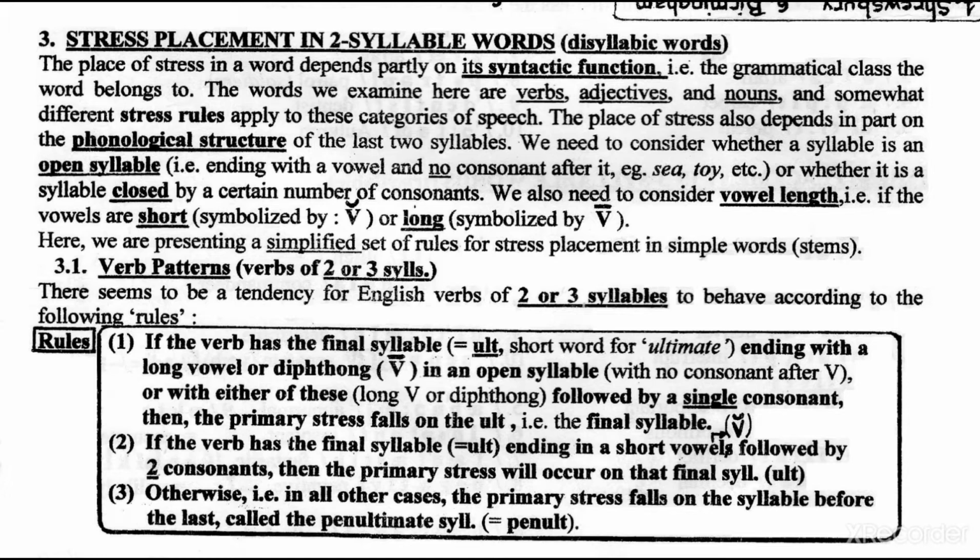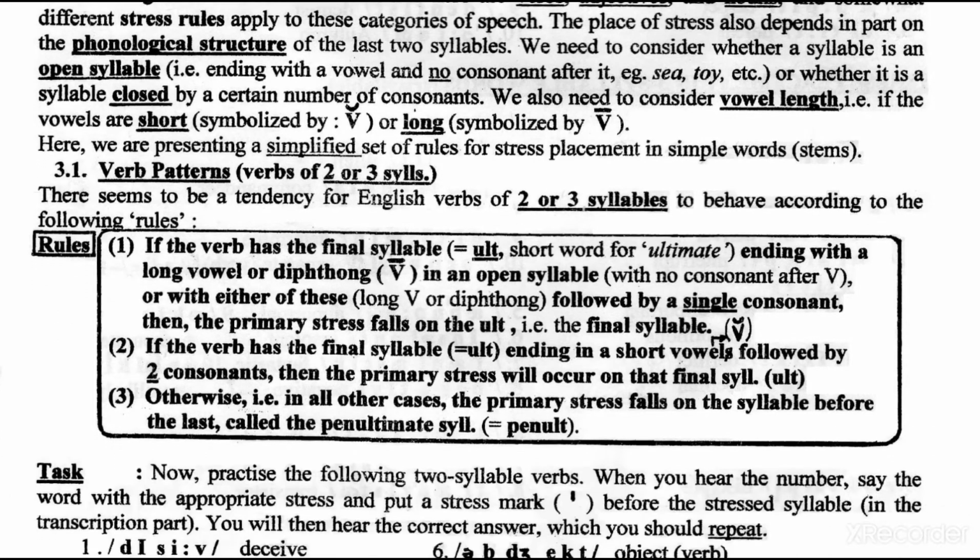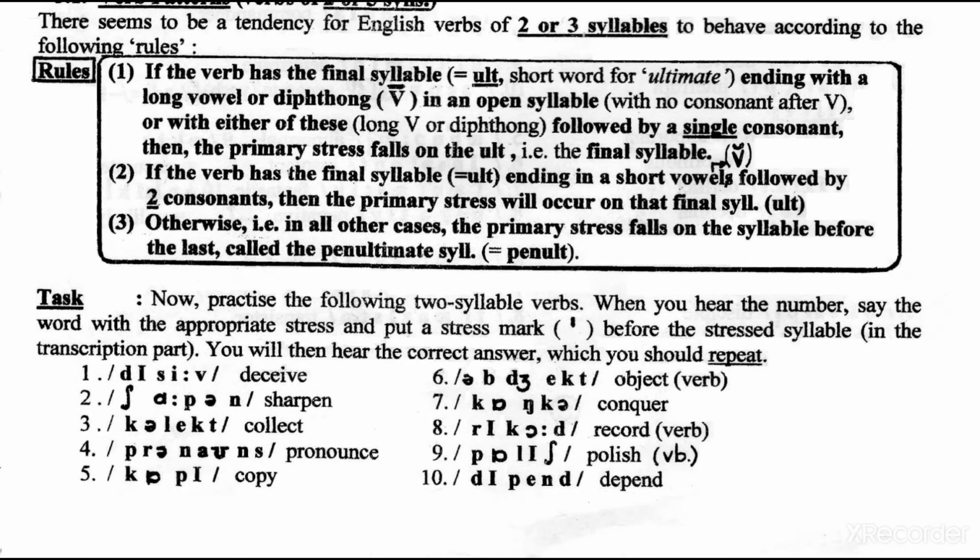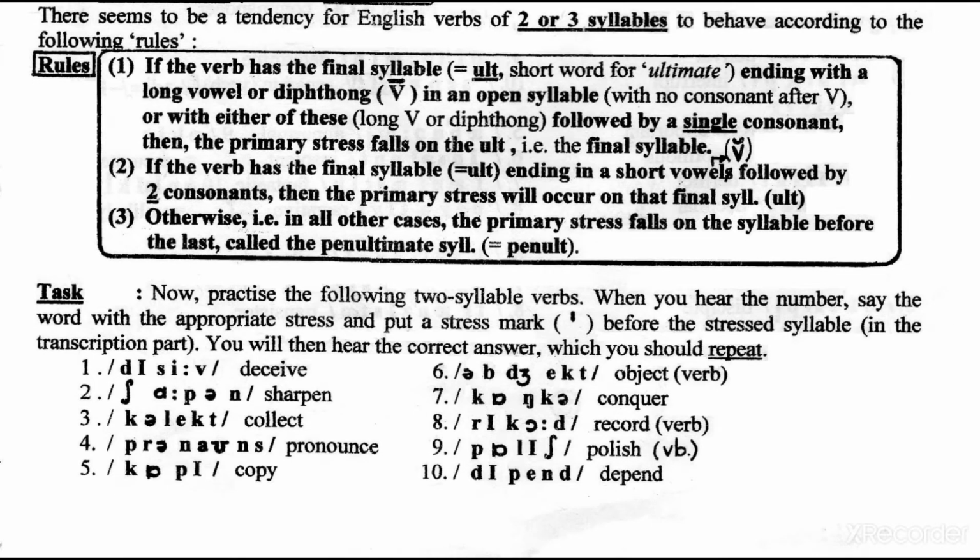So we start our rules. We have the first rule, which is for verbs and adjectives as well. Rule 1 is for verbs and adjectives of 2 or 3 syllables.